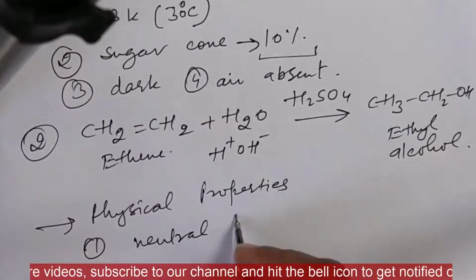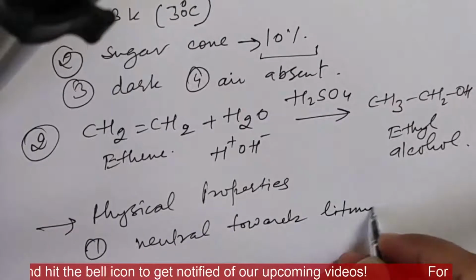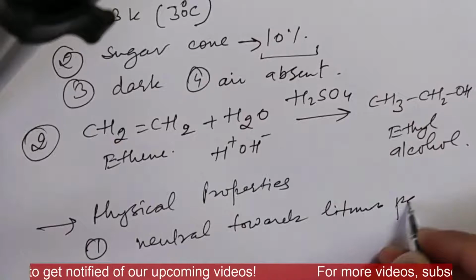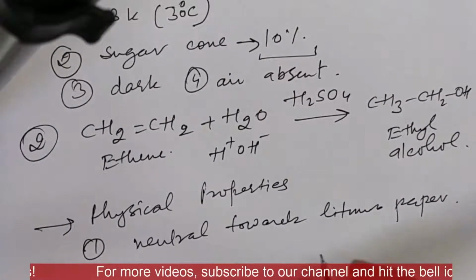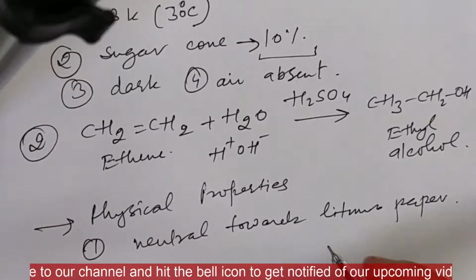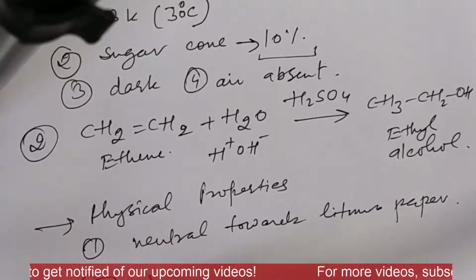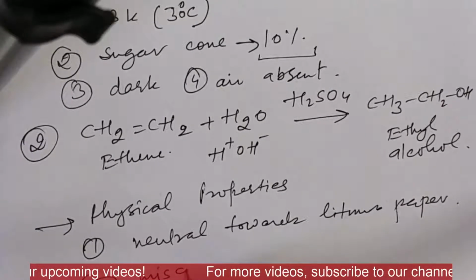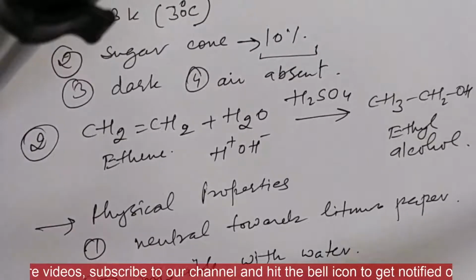It doesn't show any reaction towards litmus paper. So this property can be used as a point of differentiation from acids or other functional groups. And ethanol is highly soluble, highly miscible with water. So these are the physical properties that you are discussing here.